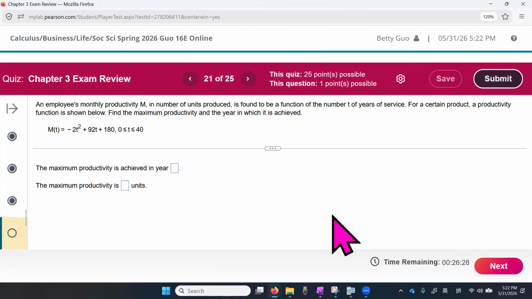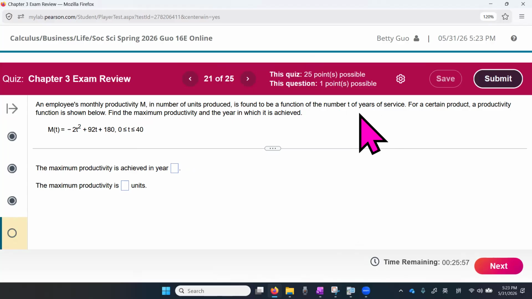Next. Question number 21. This is about productivity M. T is the number of years, okay, over time.